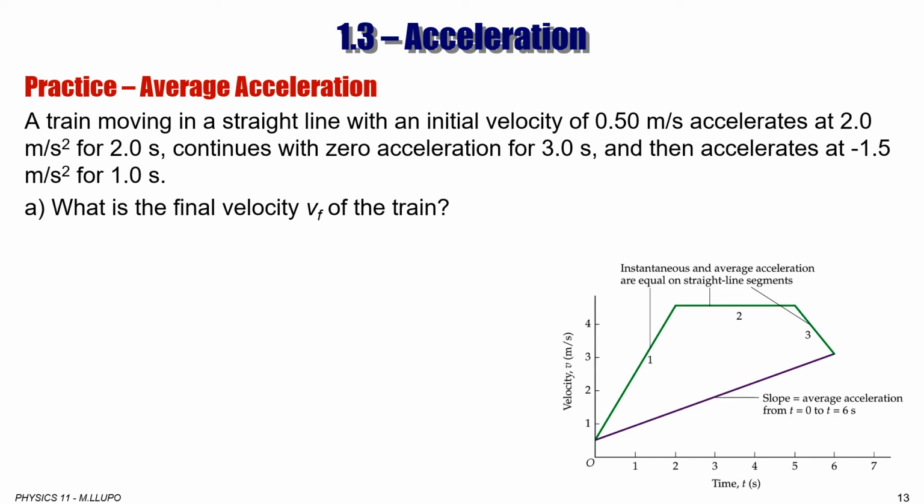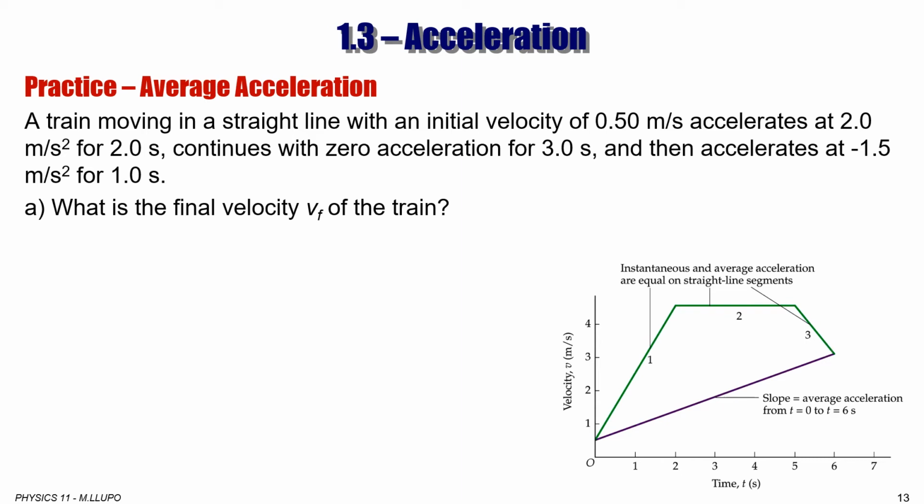So what we are looking at here are those segments. From 0 to 2 is accelerating, then it is not accelerating at all from 2 to 5 for 3 seconds, and then it is slowing down for 1 second, from 5 to 6.